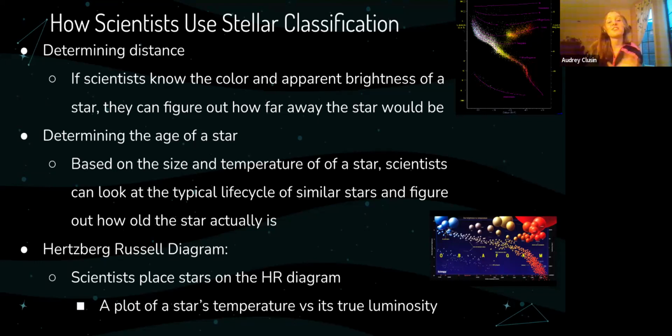They can also determine the age of a star if they look at its size and temperature. They can look at the typical life cycle that a star goes through and figure out how old the star is. From protostar, a star undergoes fusion for a really long time, and then it gets to a point where it can't fuse anymore, and then it might expand, but then it might continue fusing with the other elements in the star.